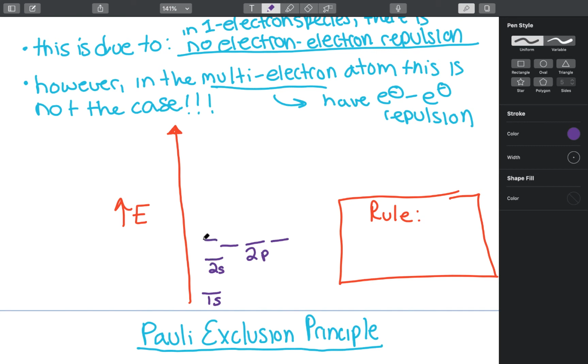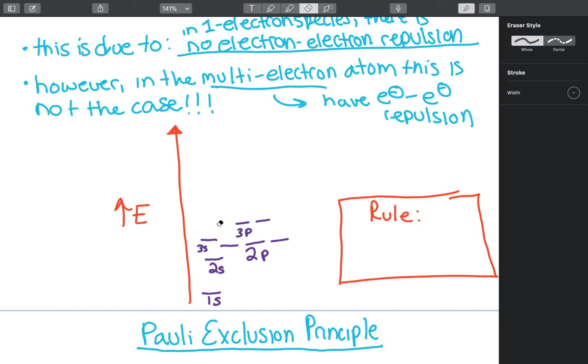So our 3s is right here. The third electron shell also has a p subshell, and we would use the same idea. The 3p subshell is slightly greater in energy than the 3s subshell.